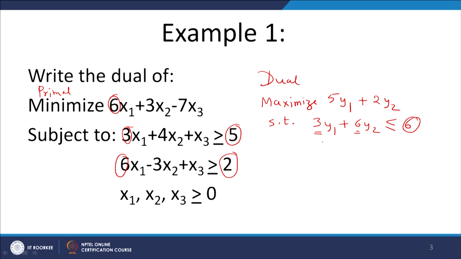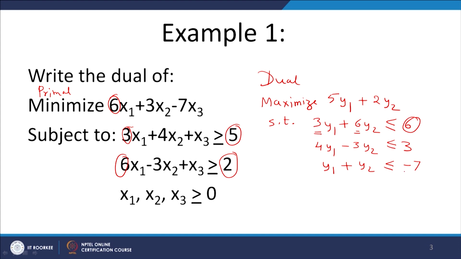Similarly, we will write the second constraint, that is 4y1 minus 3y2 less than or equal to 3, and the third constraint will be y1 plus y2 less than or equal to minus 7.